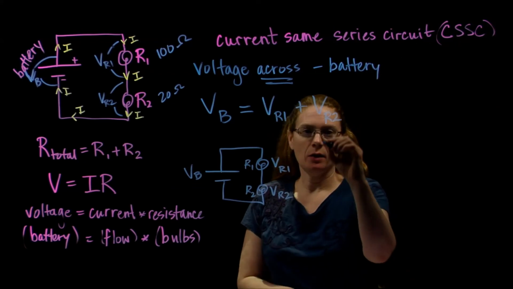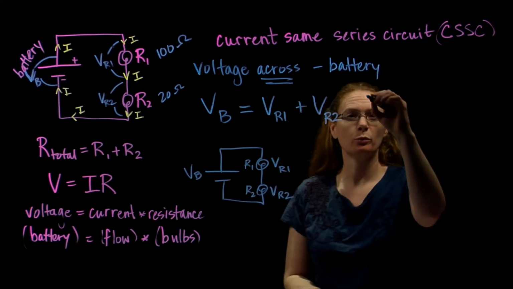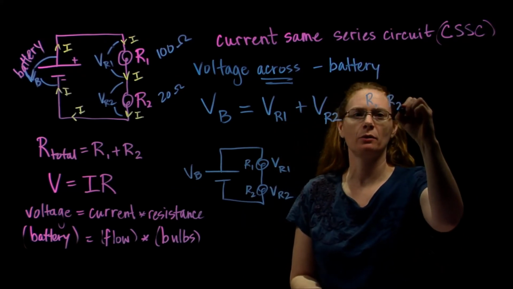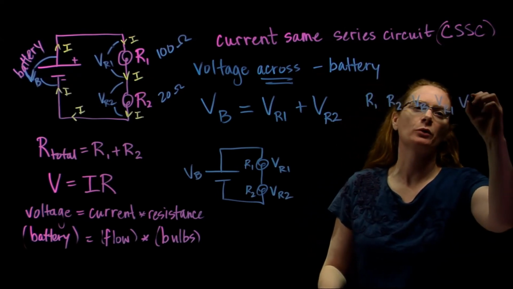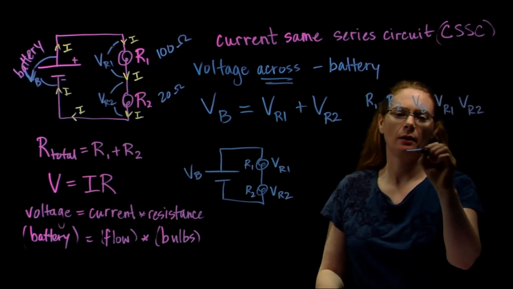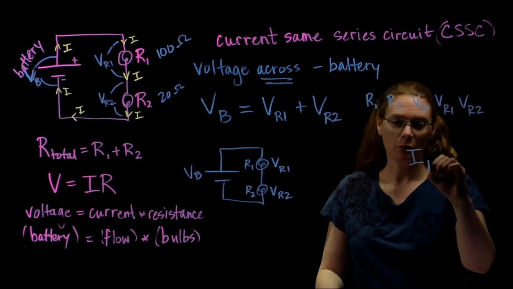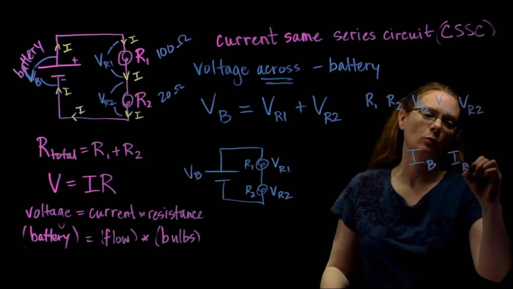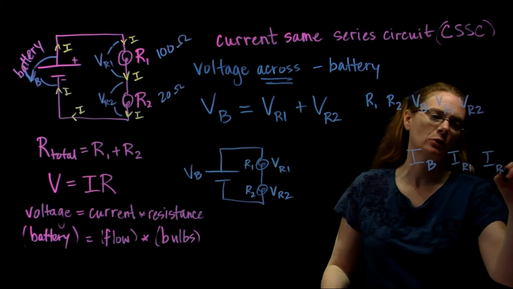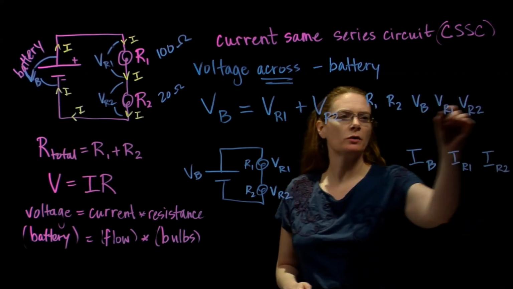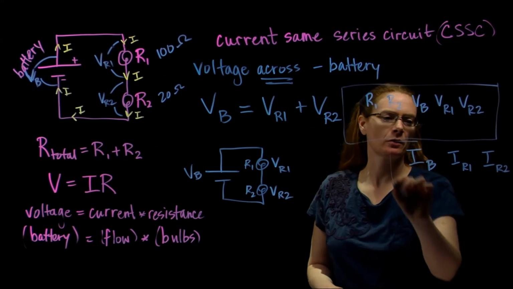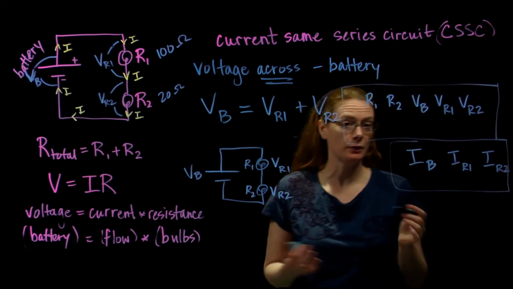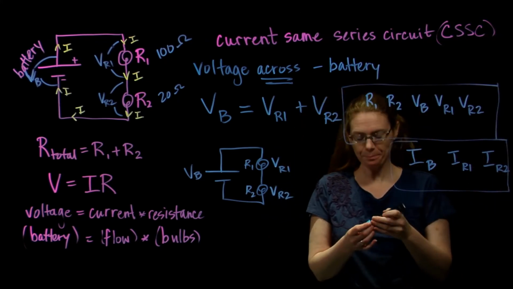So in this case, R1, R2, voltage across the battery, voltage across R1, voltage across R2, and then we'll have the current through the battery, the current through R1, and the current through R2. So you're going to be given a set of numbers. I'll give you some of them, and you have to give me the rest of them.